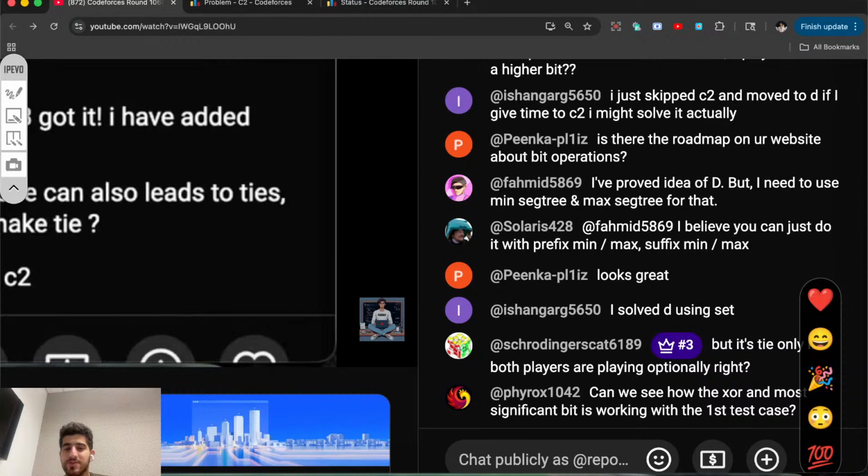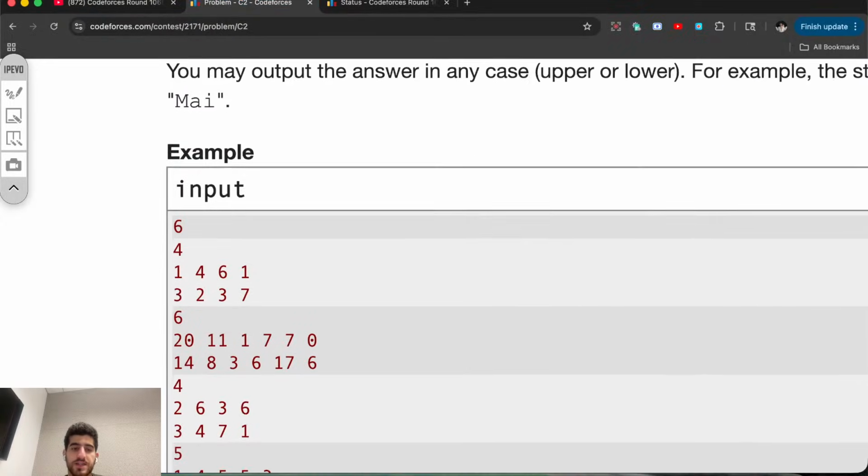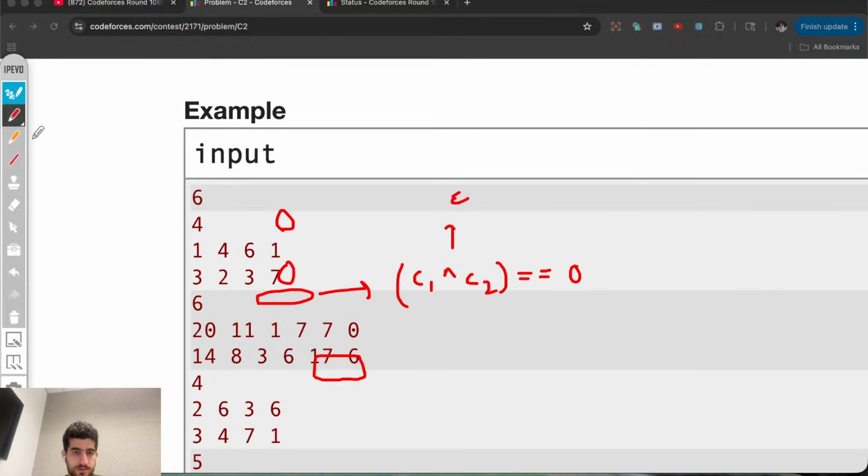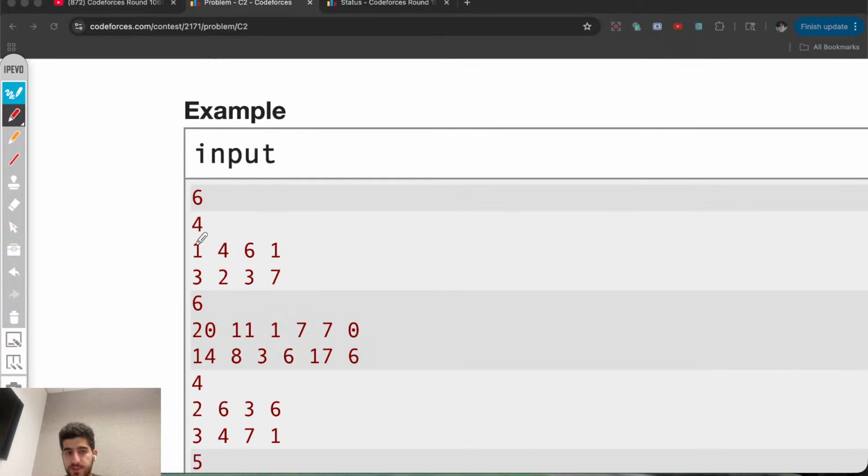Can we see how the XOR and most significant bit is working with the first test case? Yeah. On the first test case, let's start with the third bit first. In here, the most valuable bit is the third bit. Let me write the full binary representations. 1 is 001. 4 is 100. 6 is 110.